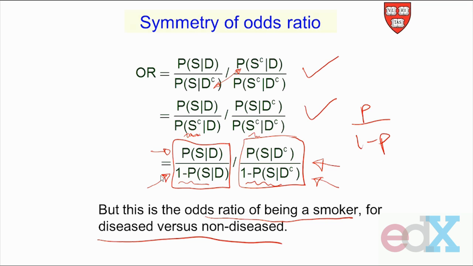So now find me a group of people who do have lung cancer, and let me see what proportion of them smoke. Find me a comparable group who don't have lung cancer, and let me see what proportion of those smoke, and the two are identical. That's the whole theory behind a case control study. So you've seen this before. I'm just reminding you why this is so. It's Bayes' theorem that makes it so.